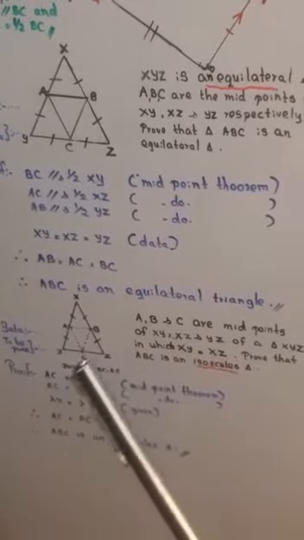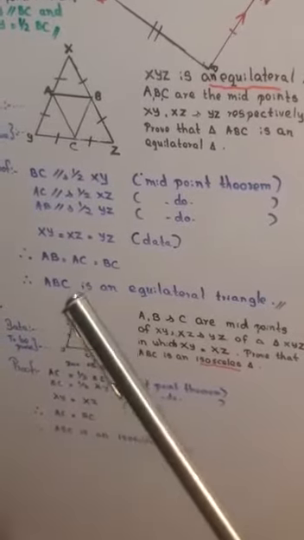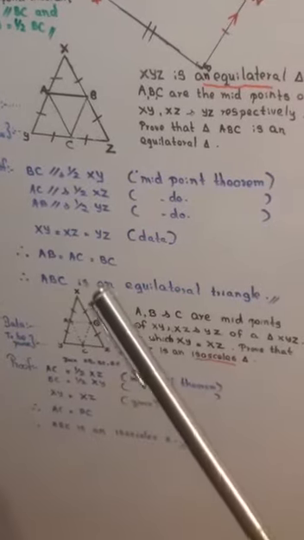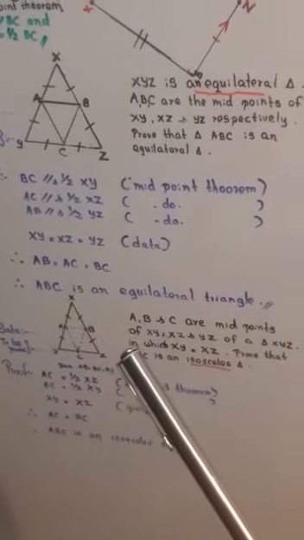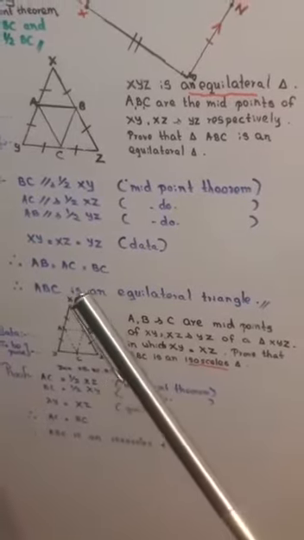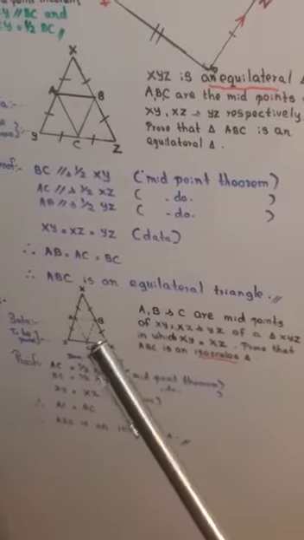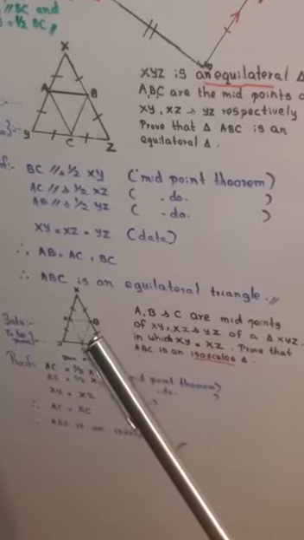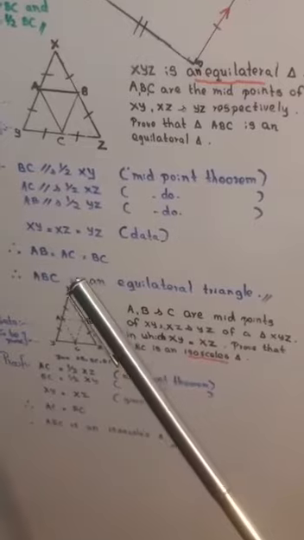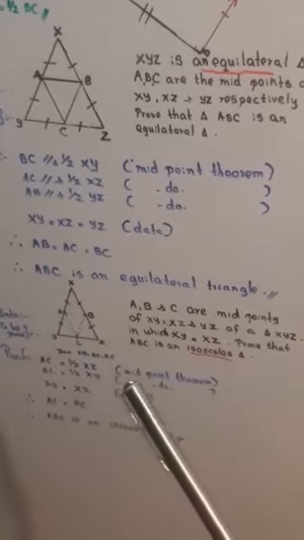So we can consider the AC line segment, joining midpoints of two sides, is parallel to the third side, and also AC is half of XZ. Similarly, BC, the midpoints connecting line, is half of the third side, that means XY.